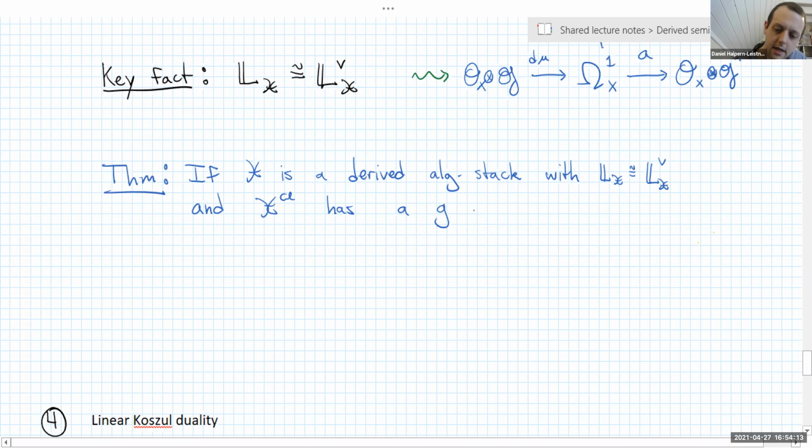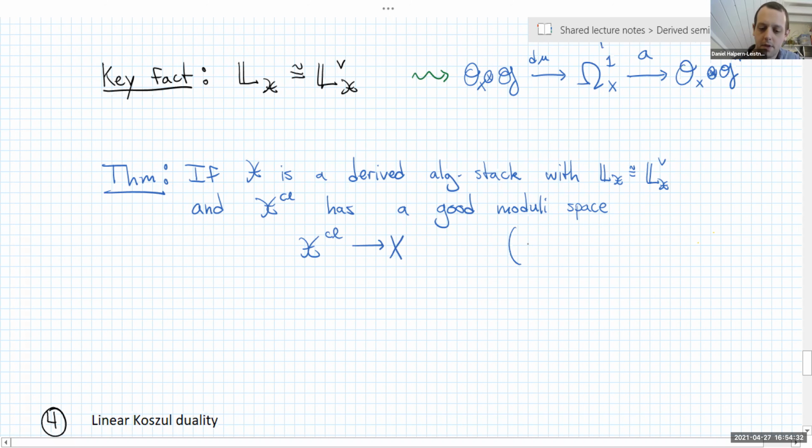So in other words, this is an intrinsic formulation of what it means to have a GIT quotient.